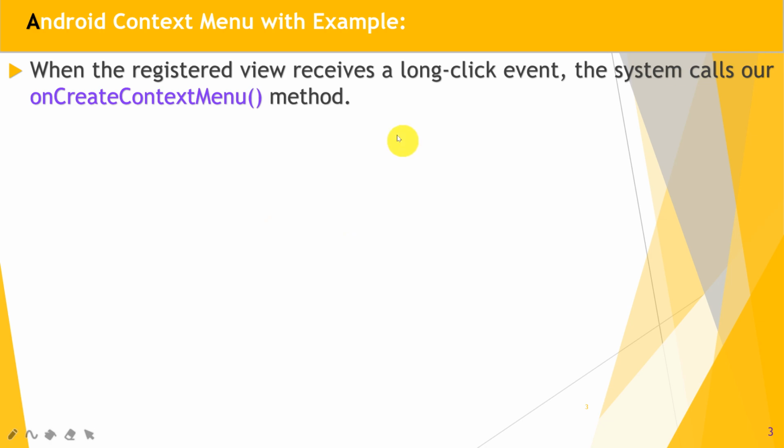In event handling, we know that we always register our view to a listener. So when an action occurs on that view, the listener listens to that event and performs the particular action.